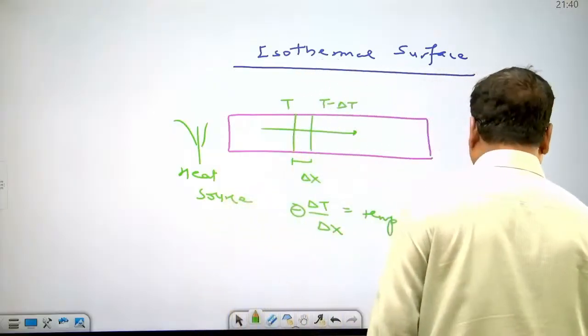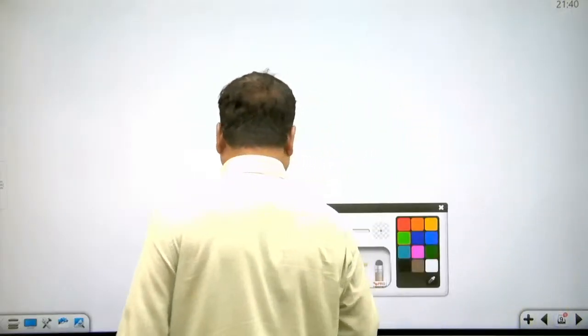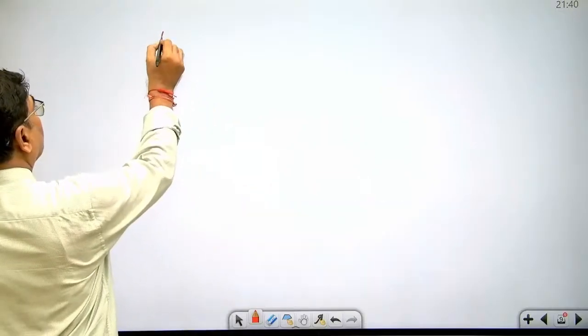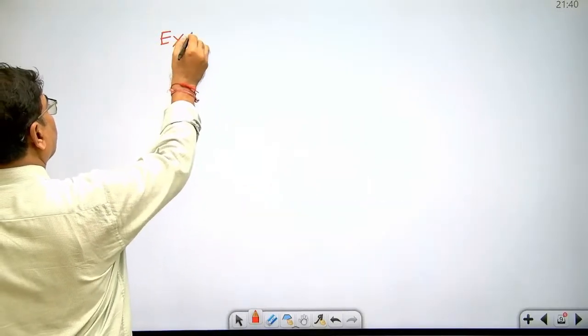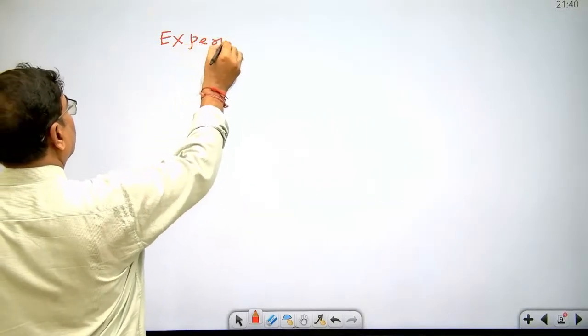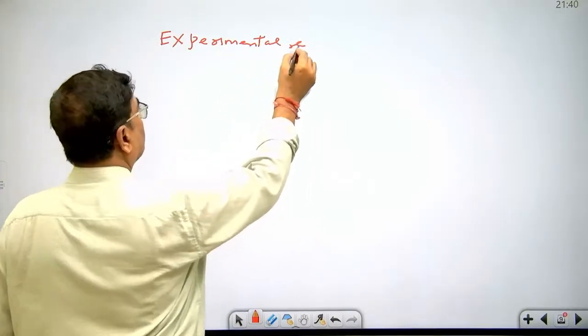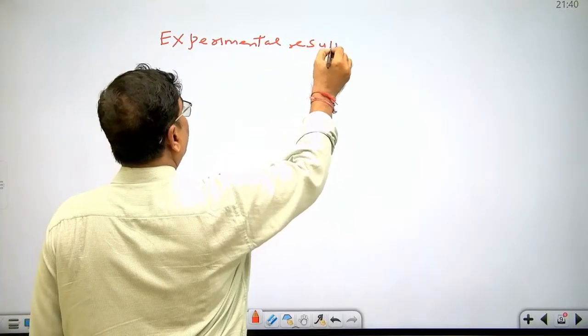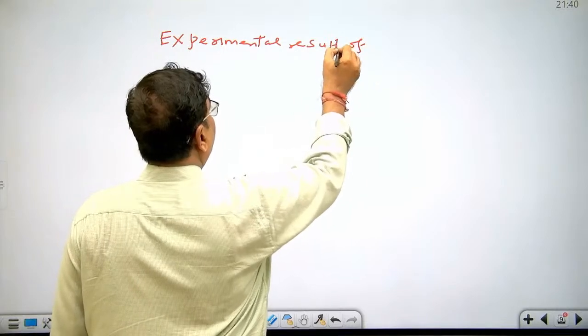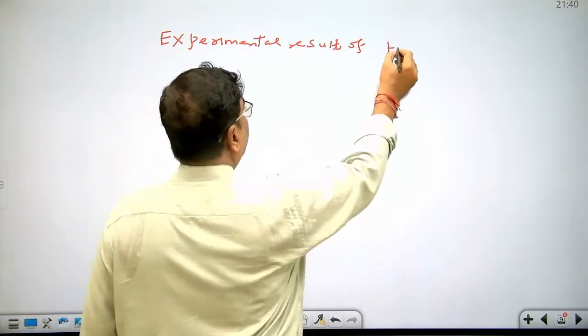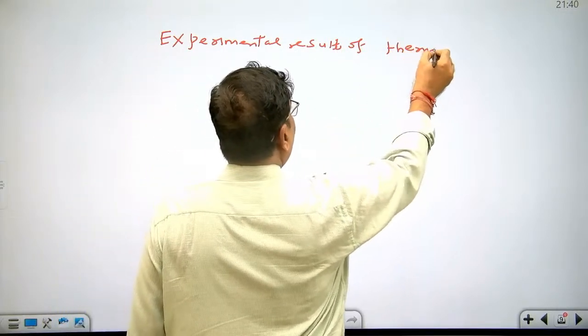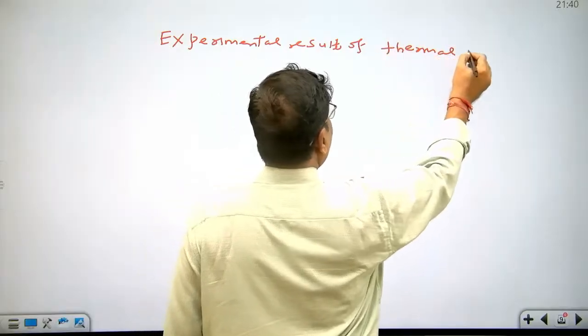Now we will learn about the experimental result of thermal conduction.